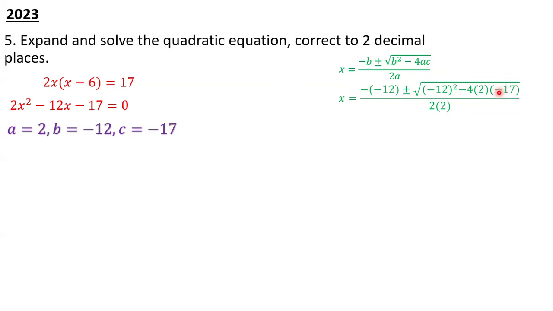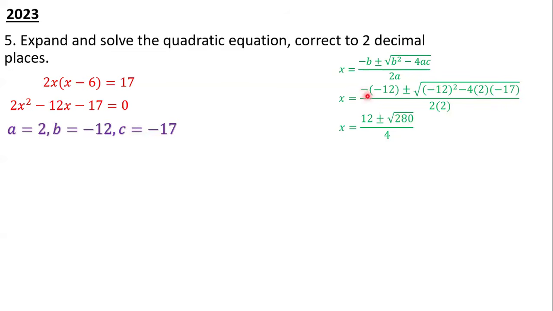Next, what do we have? Well, we have to evaluate the expression underneath the square root. So we have negative 12 squared minus 4 times 2 multiplied by negative 17. And so what we do here is we evaluate that. When we compute the expression underneath the square root, we get 280.